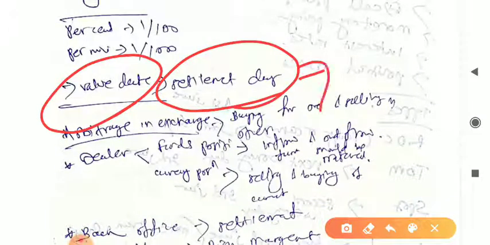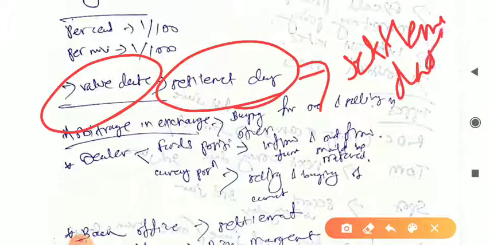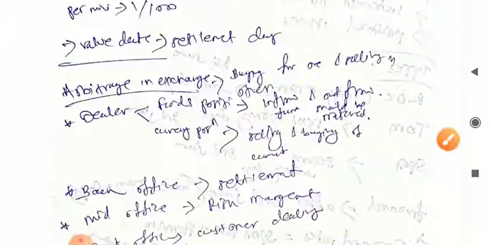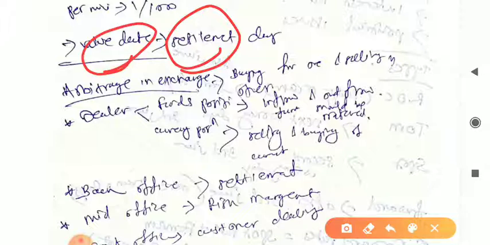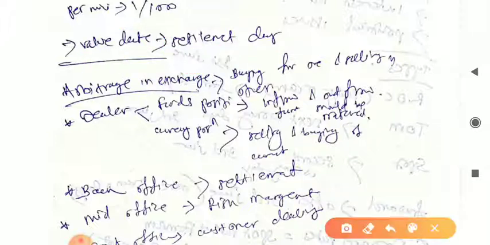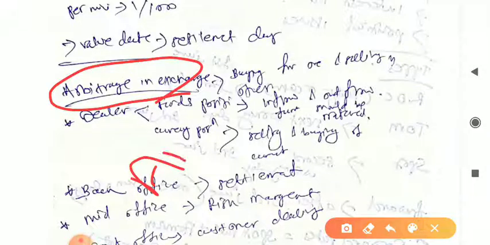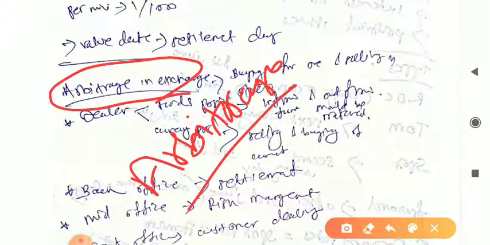One more thing here, what do you mean by the value date. Value date means settlement date, the day at which the settlement will be done. The day the settlement happens, we call it the value date or settlement date, right? Next, arbitrage. What is arbitrage? You can easily get this word many times wherever you are reading foreign exchange.